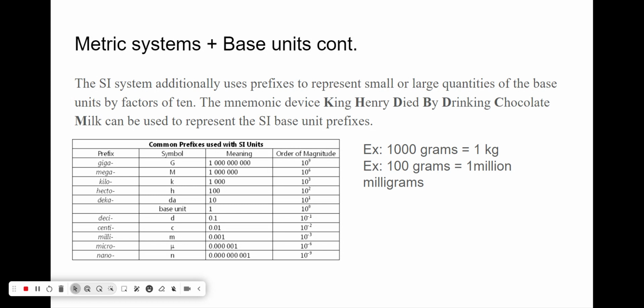As we see on this chart, from kilo to milli, it goes King Henry died by base unit drinking deci chocolate centi milk milli.